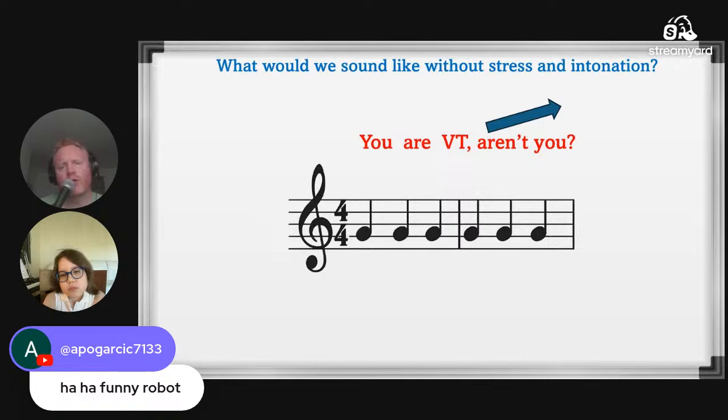This means you're not sure about something. You're VT, aren't you? Okay, and this one with falling intonation. You're VT, aren't you? Yeah, so some people wouldn't actually do that without a question. It's when you're sure. You're VT, aren't you? Because we know.